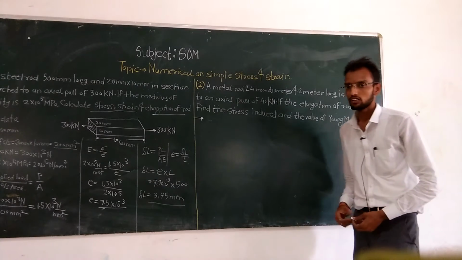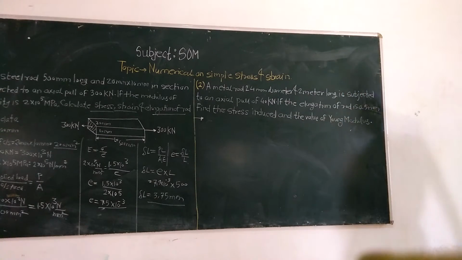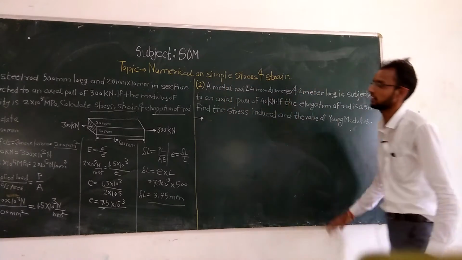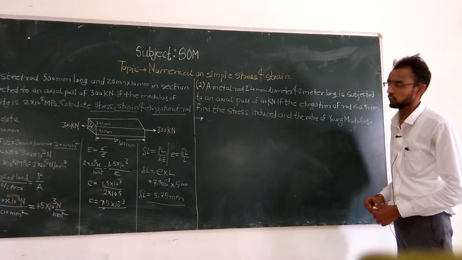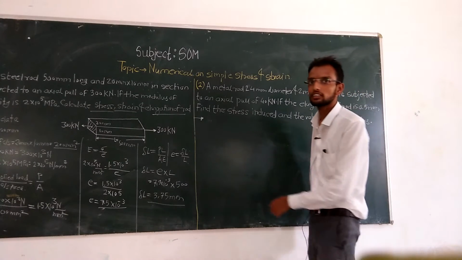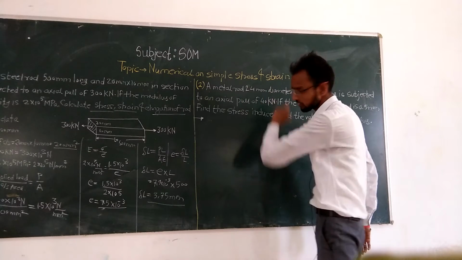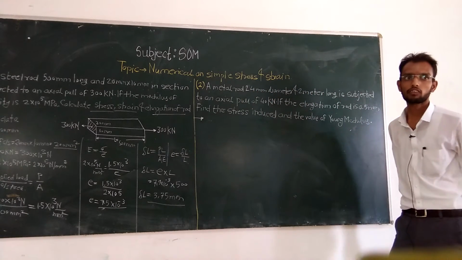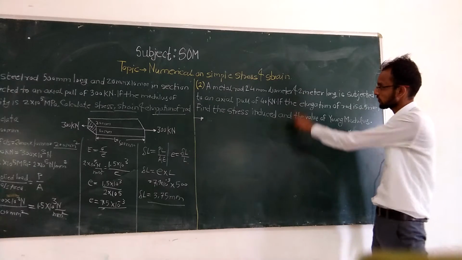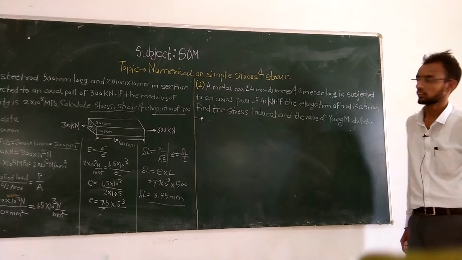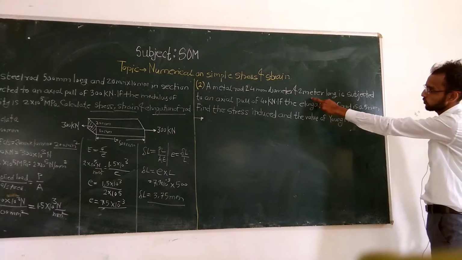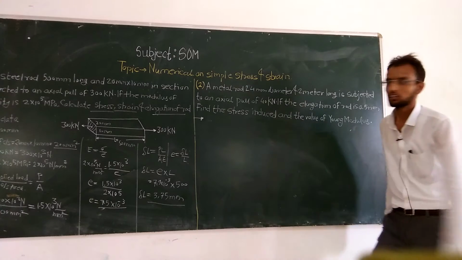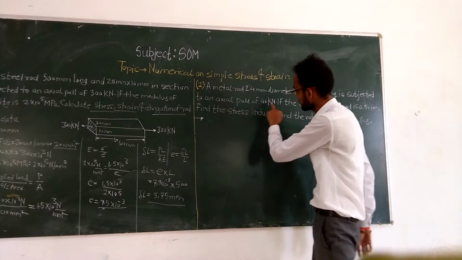In this lecture we will solve the next numerical on simple stress and strain. In the numerical, a metal rod 24 mm in diameter and 2 meter long is subjected to an axial pull of 40 kilonewton.